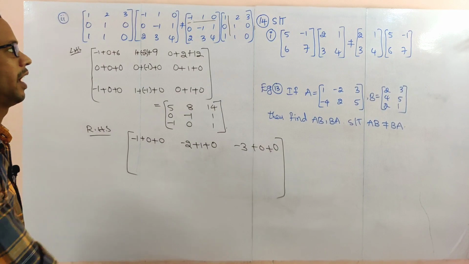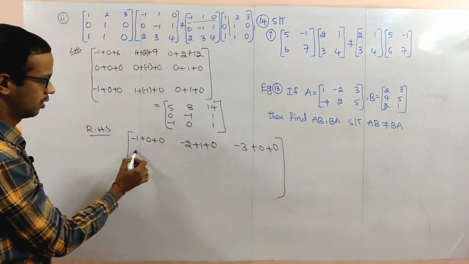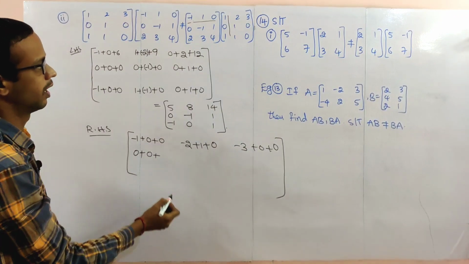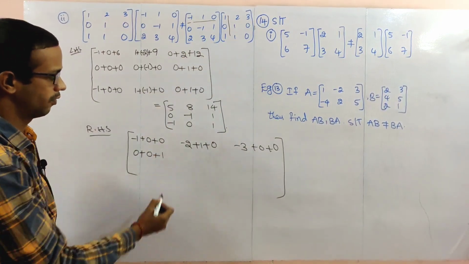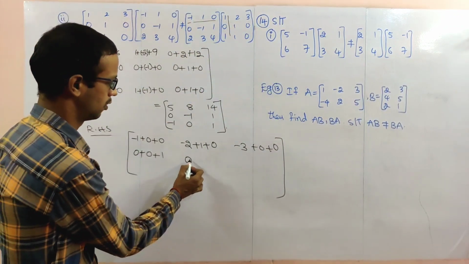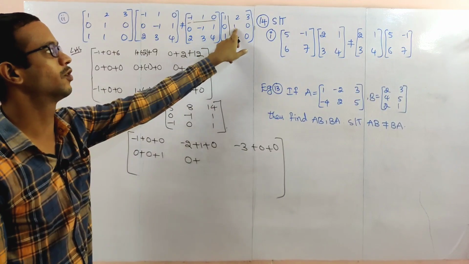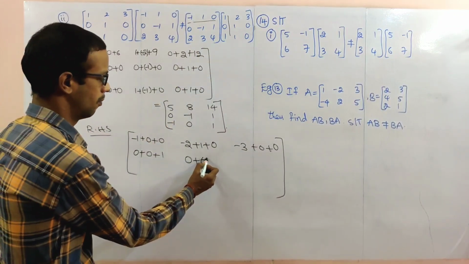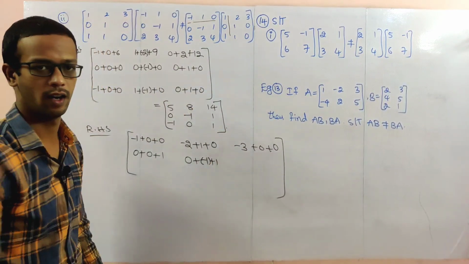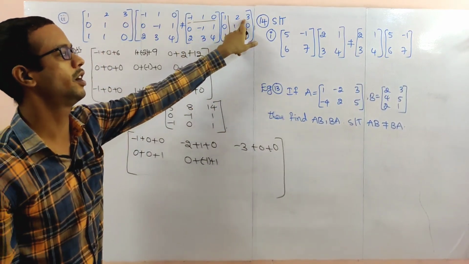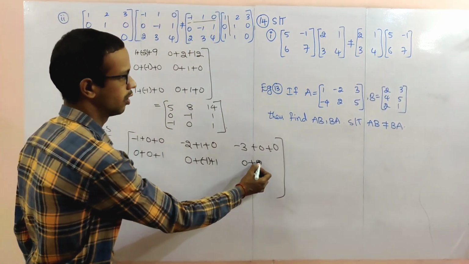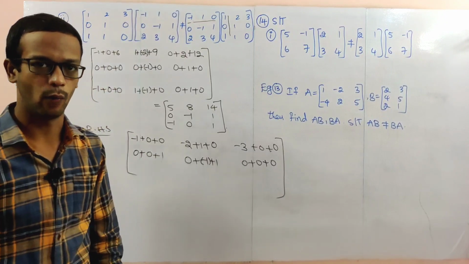So row by column. Next, 0 into 1, 0, plus minus 1 into 0, 0, plus 1 into 1 is 1. Next, 0 into 2, 0, minus 1 into 1, minus 1, 1 into 1, 1. Next, 0 into 3, 0, plus minus 1 into 0, 0, 1 into 0 is 0.